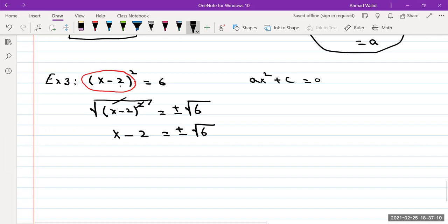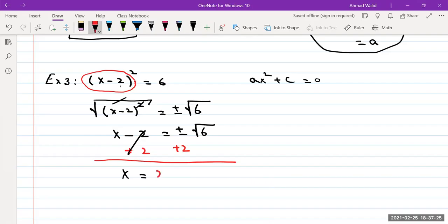Now, solving for x, I will add 2 to both sides. Then x equals 2 plus minus the square root of 6.